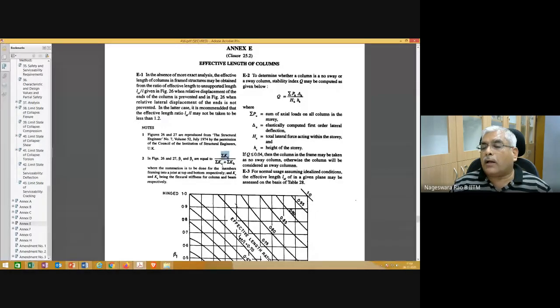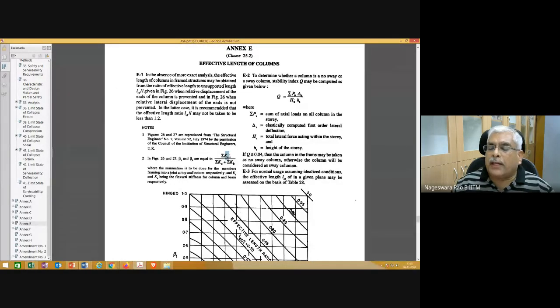Sum of all the stiffnesses of columns. Kc is the flexural stiffness of the column. It is the sum of all the stiffnesses of the columns that are framing at that particular end.